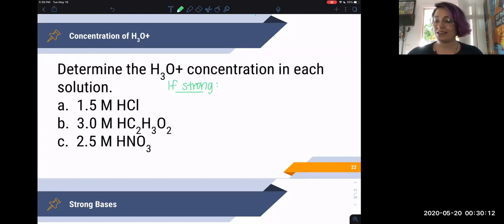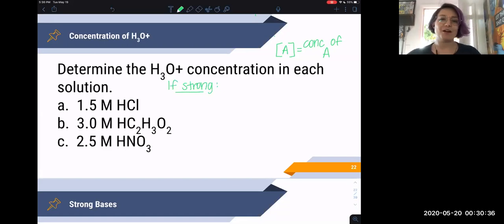So, determining the hydronium concentration in each solution. I'm going to give you a couple of notations. Brackets around something means the concentration of that thing. It's awesome because it saves you from writing the word concentration all the time.